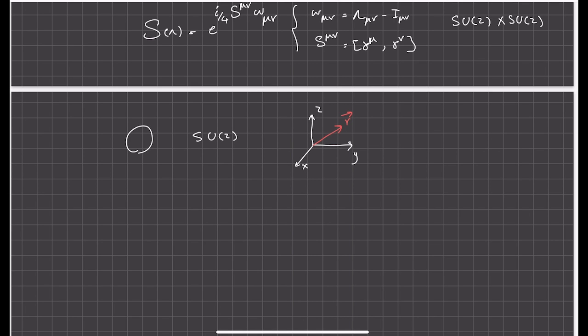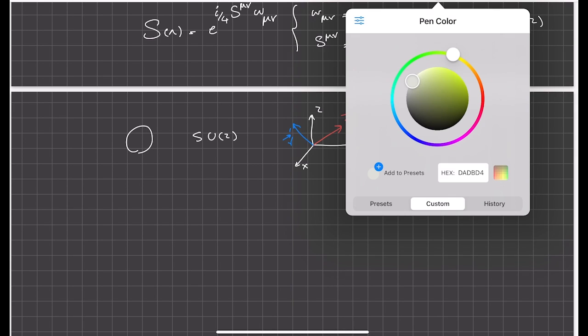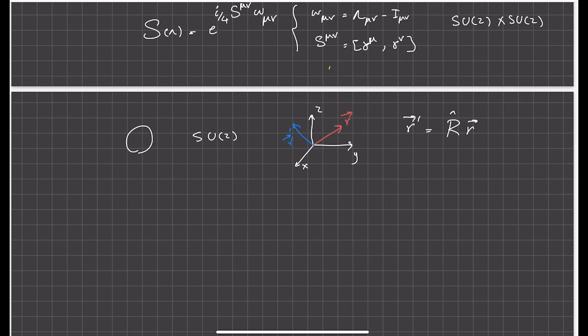So, for example, r prime is equal to some R acting on r, and that R is like an operator. It is a matrix, or it has a representation acting on r and produces r prime for us. So it's like a rotation, right? So we can basically quantify this rotation here, using, and this is the angle here.